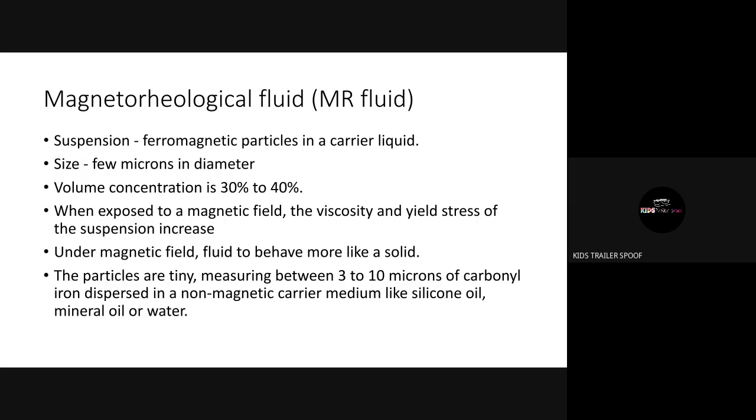So this is the MR fluid, the magnetorheological fluid. What is a magnetorheological fluid? It is a suspension containing soft ferromagnetic particles suspended in a carrier liquid. The size is a few micron diameter, and the concentration is 30 to 40%.